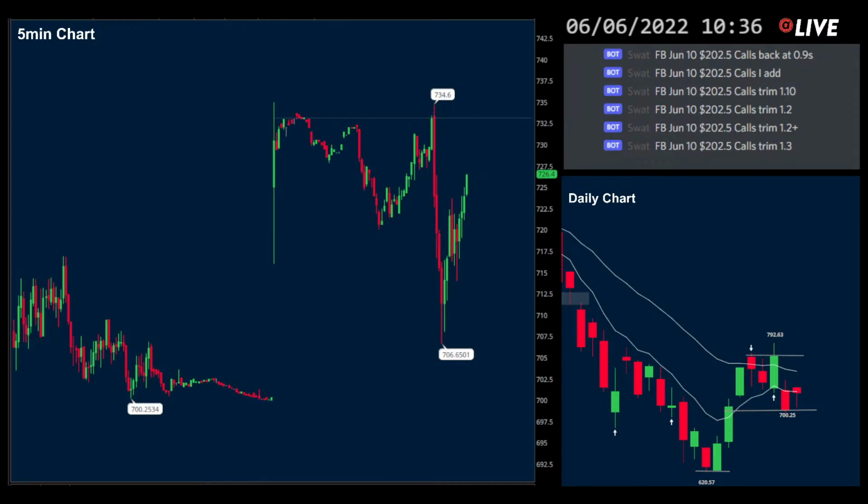Tesla, they keep squeezing more on more bull flow. If you are long, you should be trimming your gains on the way up.